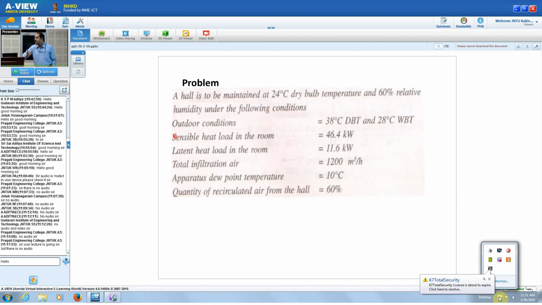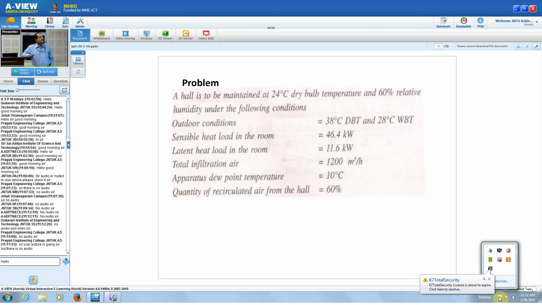Always the outdoor temperature is greater than the maintained temperature, because outside the temperature is more. That's why you should know the difference between outdoor conditions and indoor conditions. In the previous problem, the indoor condition was given, maintained at 24 degrees dry bulb temperature and 50% relative humidity, and the outdoor conditions are 38 degrees dry bulb temperature and 28 degrees wet bulb temperature.